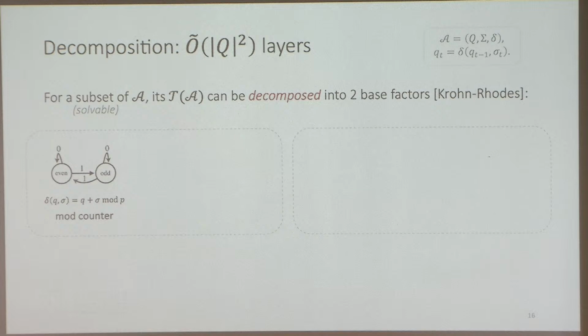For the parity counter, we have mod 2. And for the mod counter, we have mod for some general prime. The other base unit is a memory unit, which generalizes the 1-bit memory unit. For the 1-bit memory unit, we have 2 states and 3 inputs. For the general case, we have Q states and Q plus 1 inputs. The first Q inputs will set the state to some value, and the final input is the reading from the state.